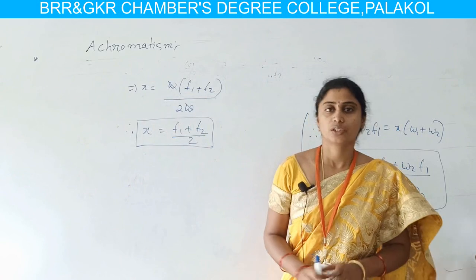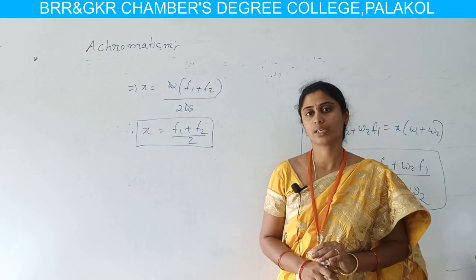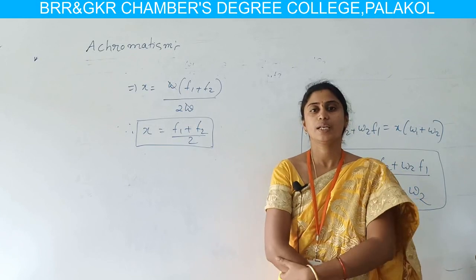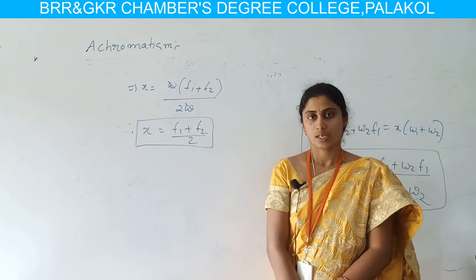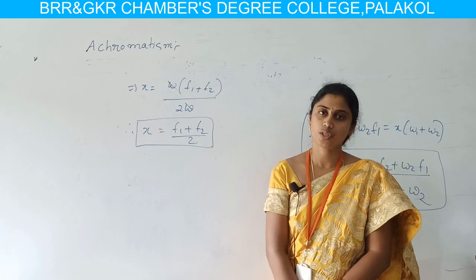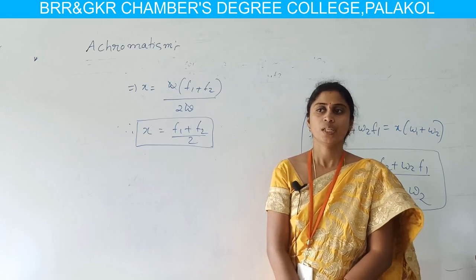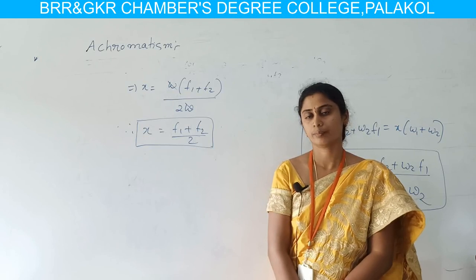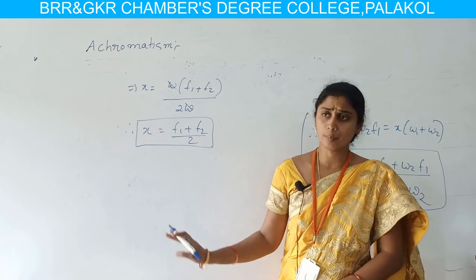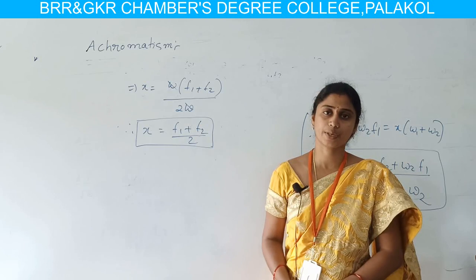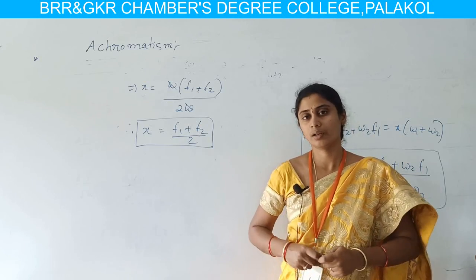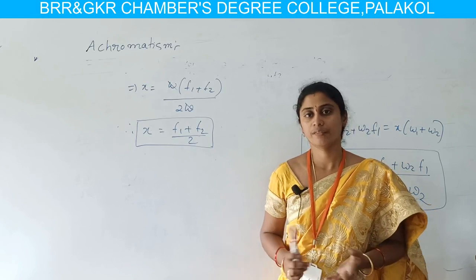When the two lenses are in contact, we have the condition that the ratio of ω1 to ω2 is the ratio of the focal lengths, with positive signs, with crown glass and flint glass considered as the materials. But when the two lenses are separated by a distance, we consider lenses of the same material separated by a fixed distance x.